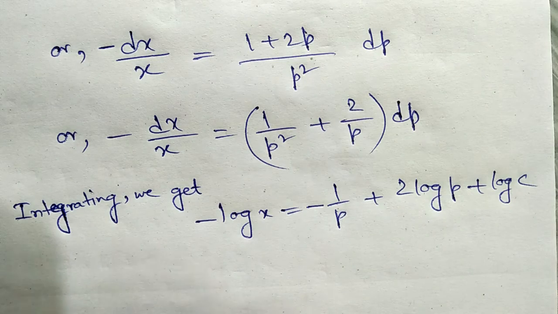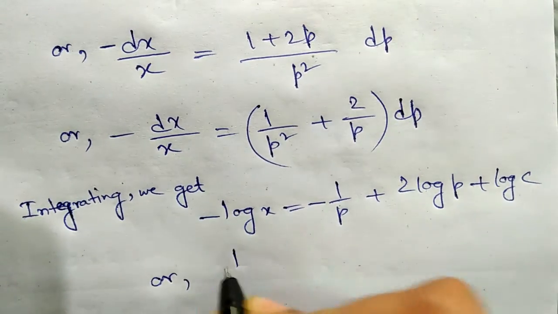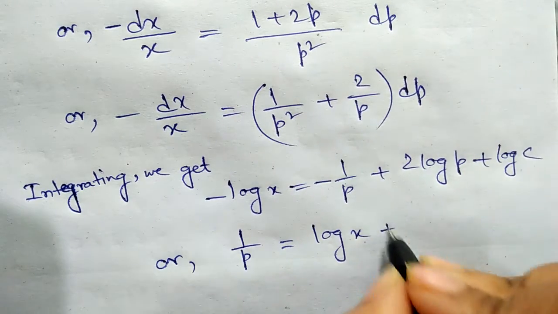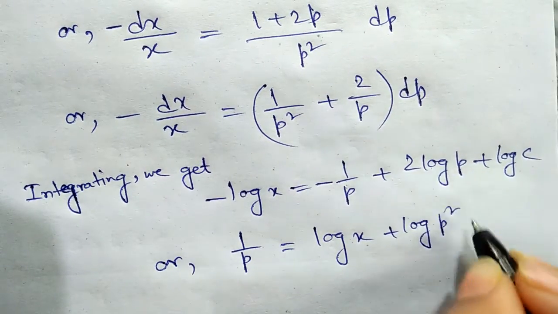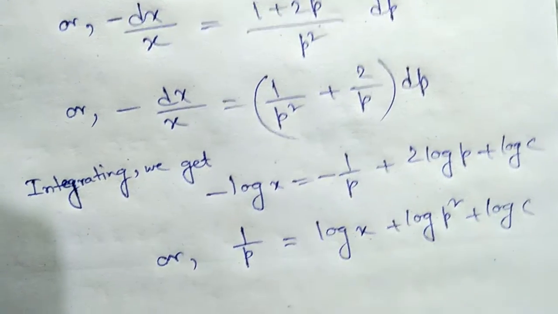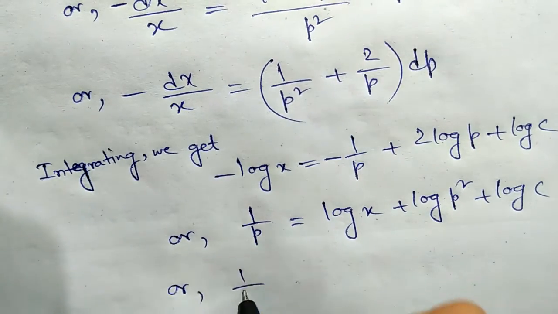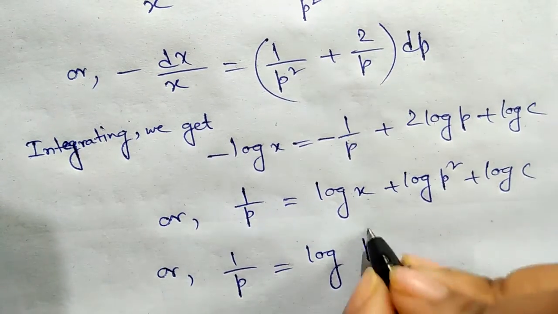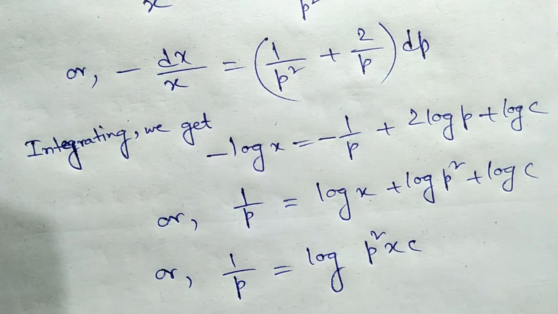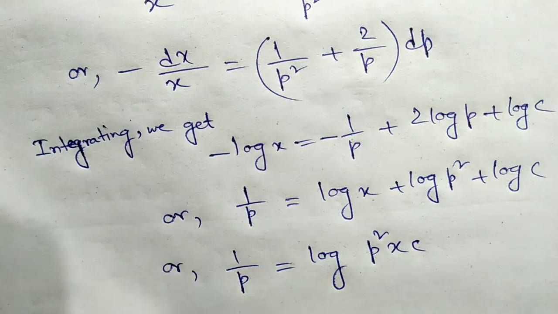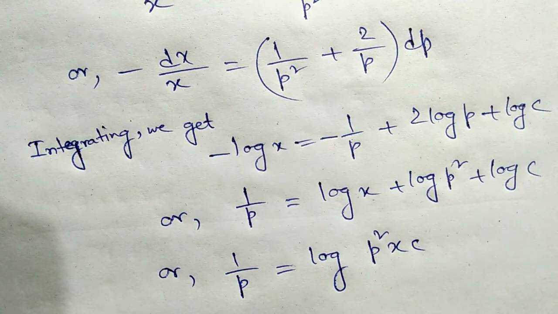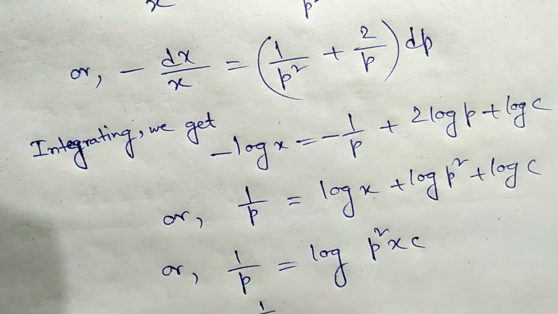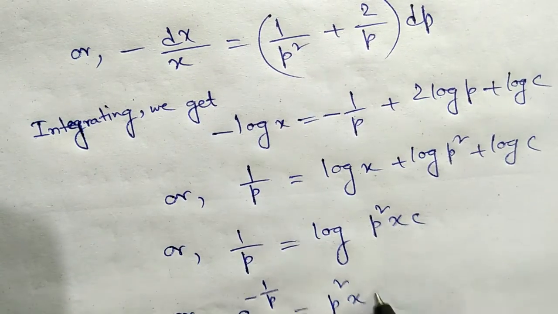Then we can write it as 1 by p equal to log x plus log p square plus log c, or 1 by p equal to log p square x c, or e to the power 1 by p equal to p square x c.